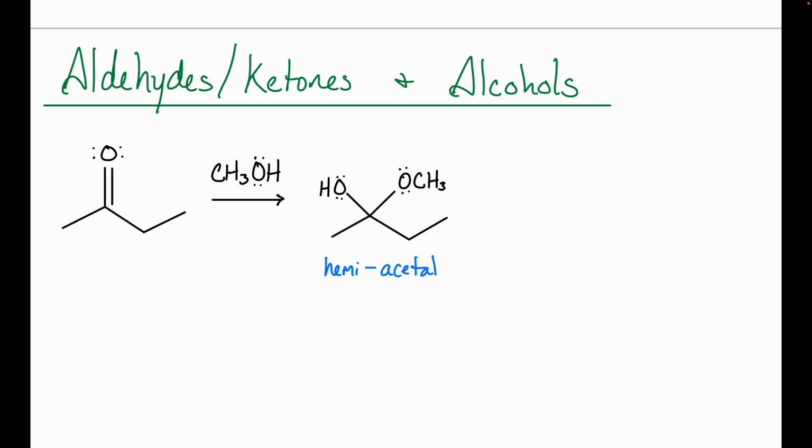All right, but it doesn't stop there. It will react with yet another molecule of this methanol, of your alcohol, replacing that hydroxyl oxygen altogether. So now we got these two methoxy groups on there.